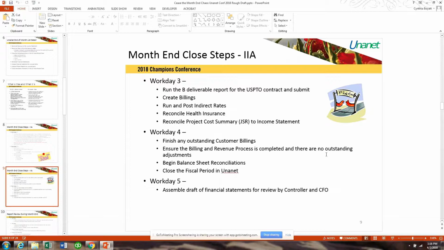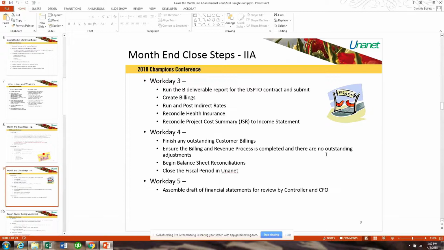And we're going to reconcile our project cost summary, also known as your JSR, to your income statement. And when I say reconcile the project cost summary to the income statement, I mean every large grouping on it. So we reconcile direct labor, sub-labor, materials, travel, sub-travel. If it's on the JSR, we roll it up and we reconcile it to our income statement to ensure that everything is posted properly and in its right account.